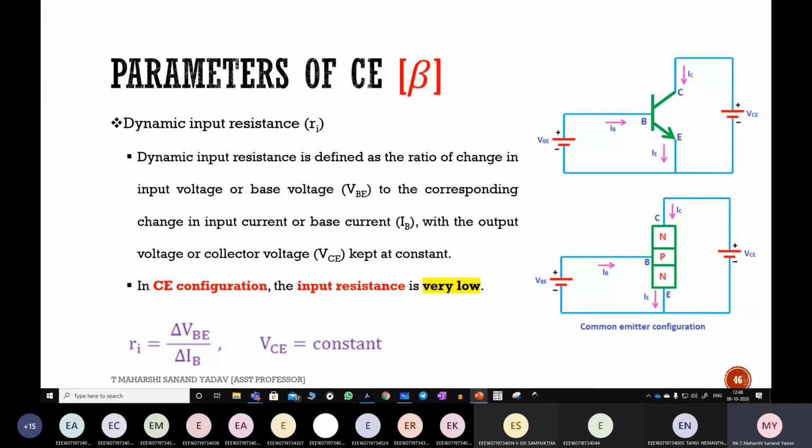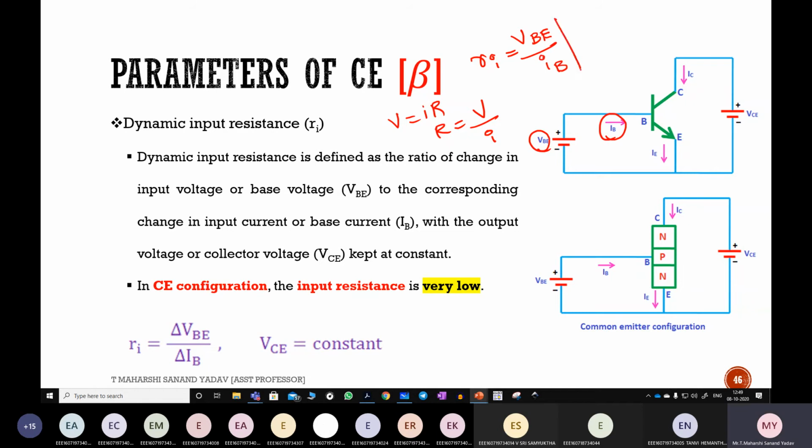What about these parameters? Anyone tell me the value? What is the input voltage? R is equal to V by I. What is the input voltage? VBE. Input current? IB.